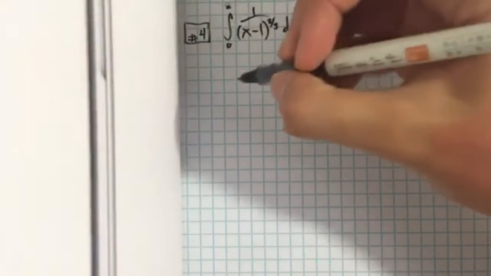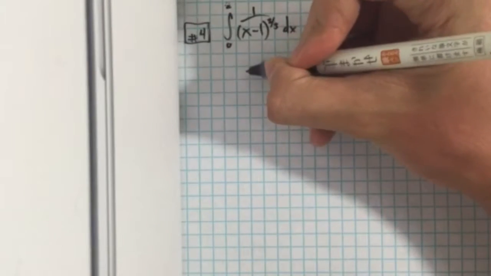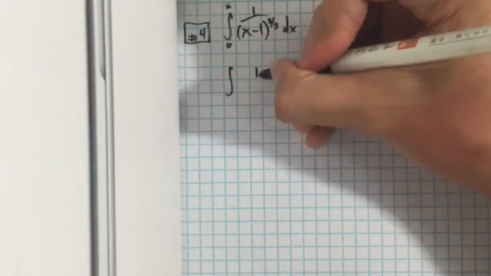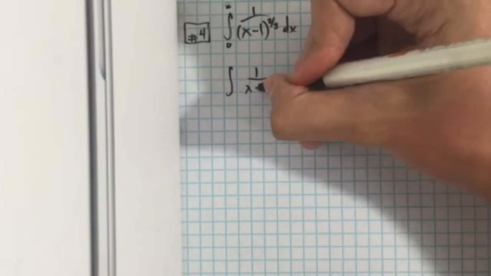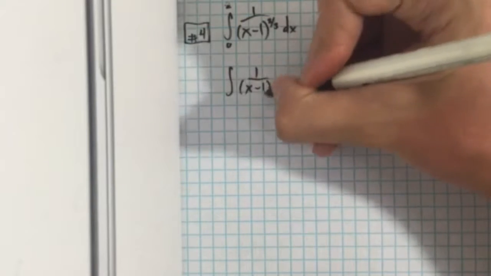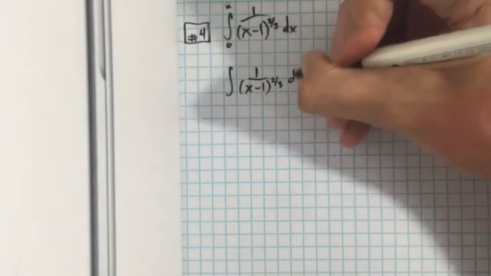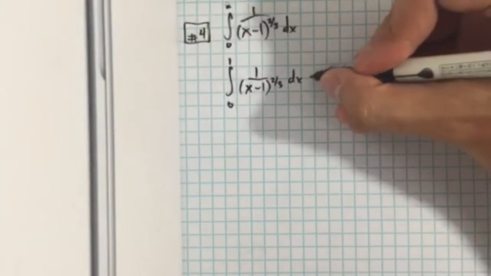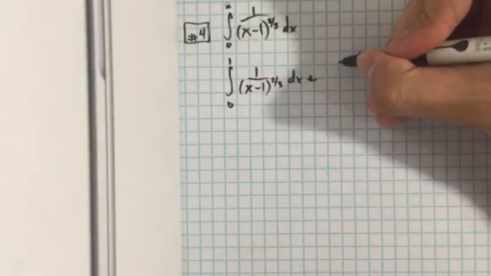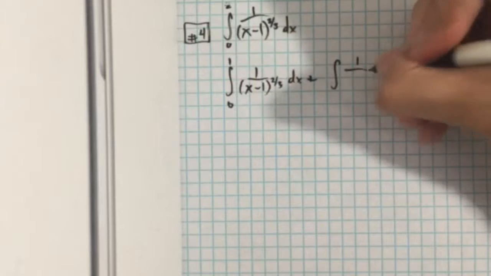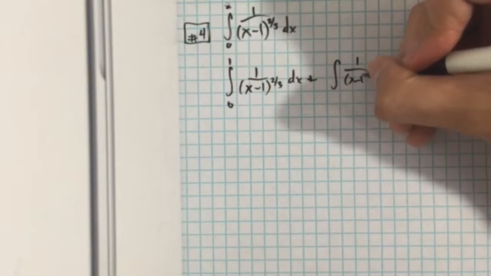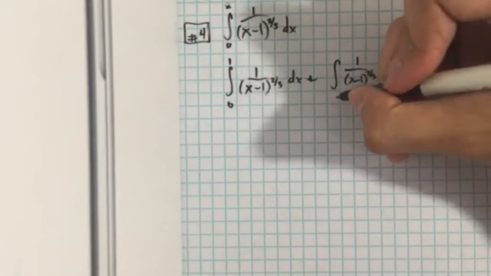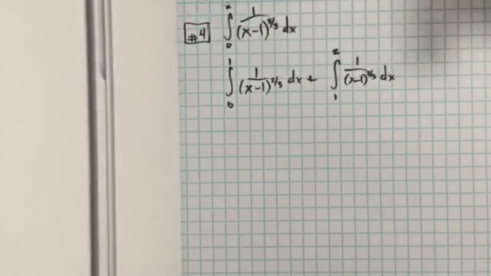So we'll have the integral of 1 over x minus 1 raised to the 2/3 dx from 0 to 1 plus the integral of 1 over x minus 1 raised to the 2/3 dx from 1 to 2.